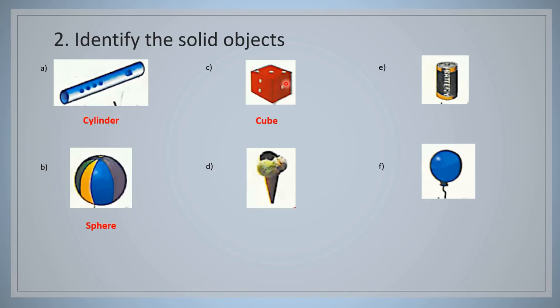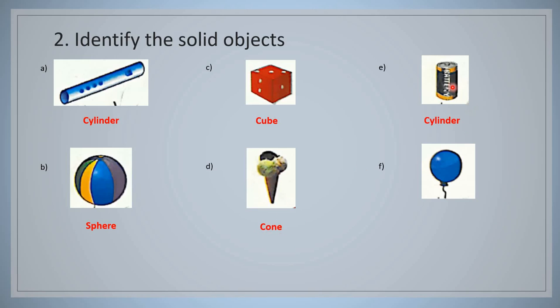So, this is a solid object of a square which is known as a cube. Third one, we can see an ice cream. Here, the cone is a solid object known as a cone. The ice cream cone is known as a cone. It is a solid object.